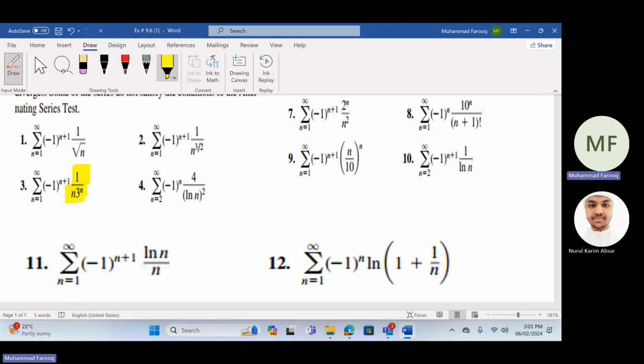No more calculation after that. Because the first condition of AST is not justified, it is divergent. That's it, we have got the answer. We only need to know whether the series converges or diverges. The sign controller is just an indication to confirm that the question is an alternating series. Get the idea? Okay.